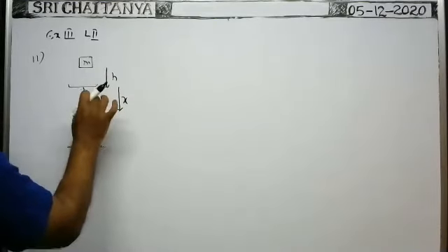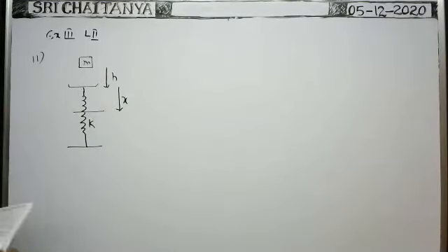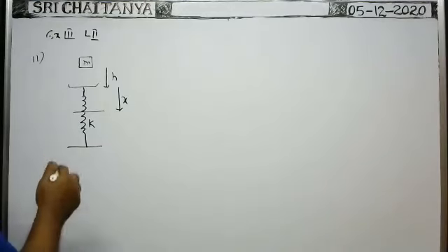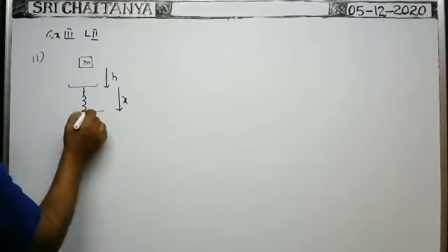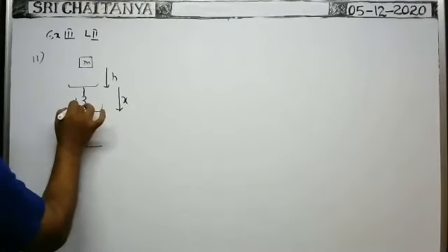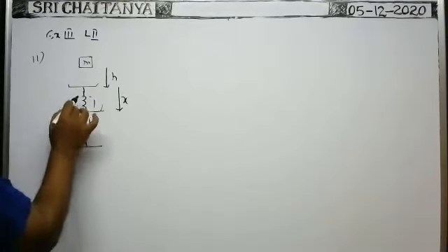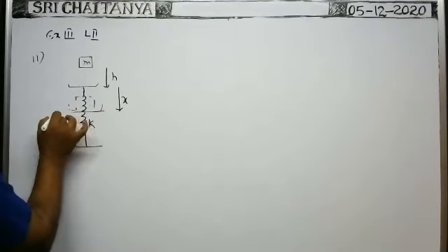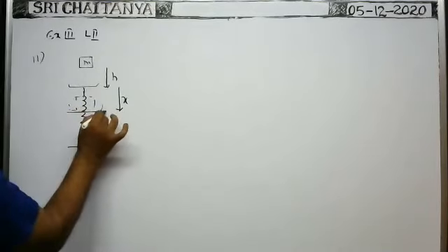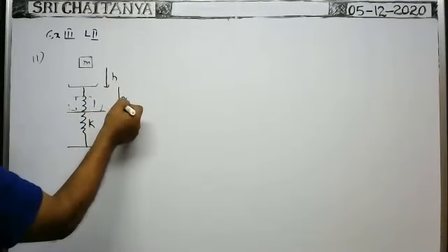This is the maximum compression of the spring. At maximum compression, the pan is at this position, and the spring is compressed by a length x.